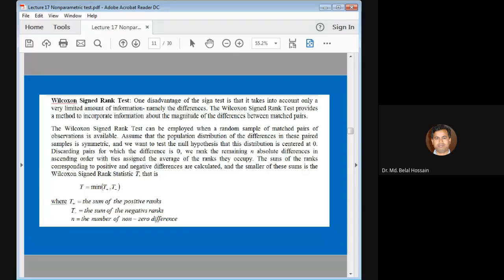It can be employed when a random sample of matched pairs of observation is available. Assume that the population differences in these pairs sampled is symmetric, and we want to test the null hypothesis that the distribution is centered at 0.